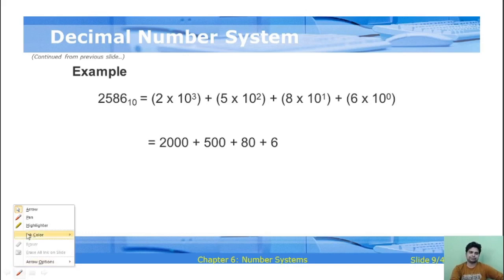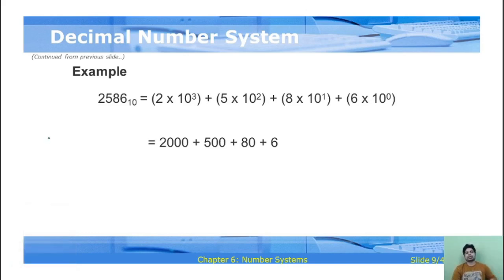This is an example of the decimal number system. See here, 2586 base 10. Moving from right to left, this is 10 to the power 0, 10 to the power 1, 10 to the power 2, 10 to the power 3.